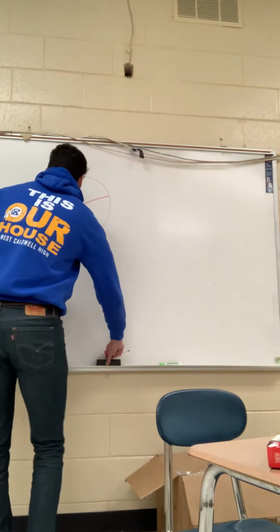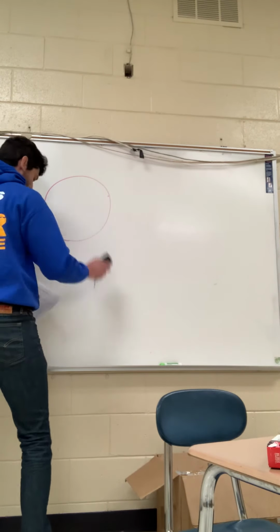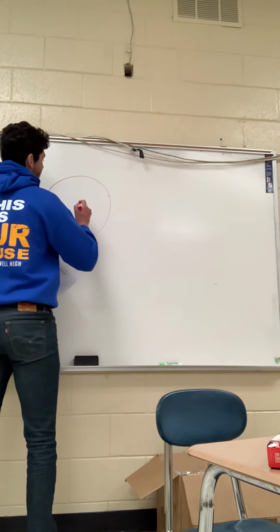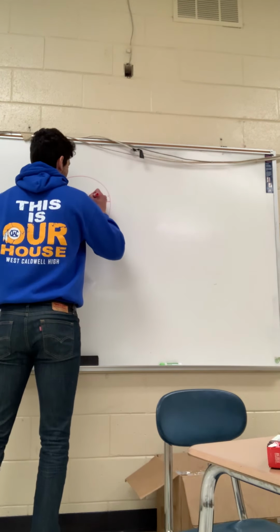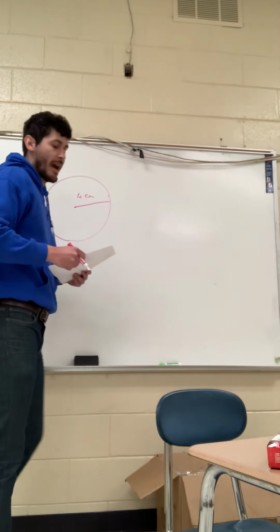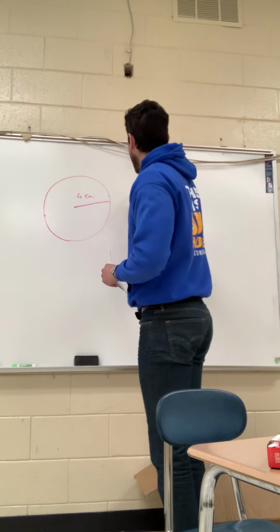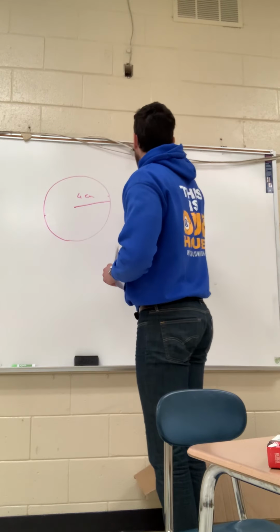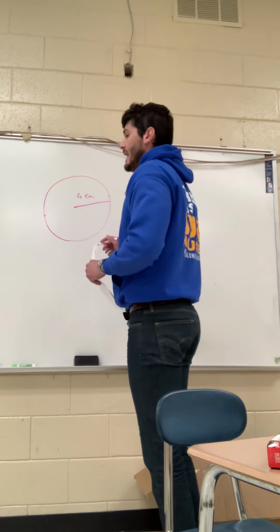Okay? So my first circle will have a radius of 4 centimeters. Now, circumference: C is equal to pi times d, where d stands for the diameter.